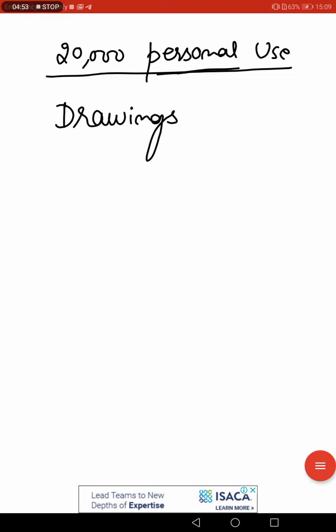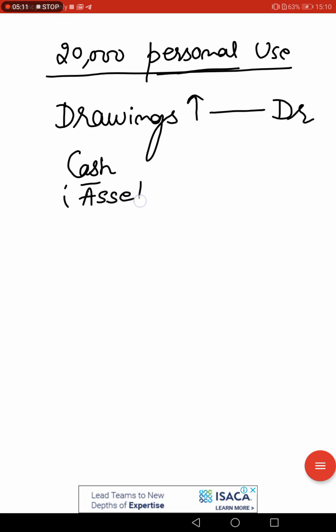One is drawing and the other one is cash. In case of drawing, whenever there is an increase in drawing, we will debit the account, and cash, as cash is an asset, the rule is whenever there is a decrease in the asset, we will credit the account.